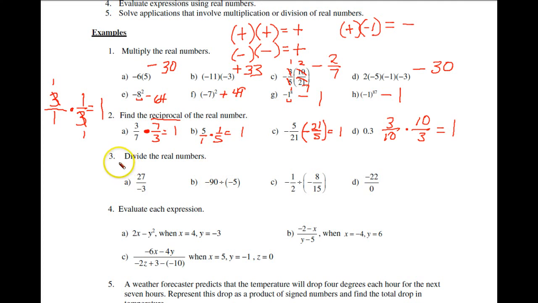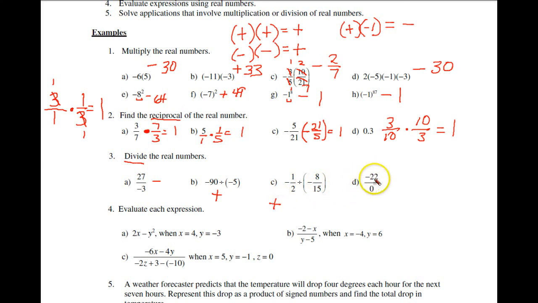Now, in topic 3, when we divide real numbers, the rules of the signs that we have apply. If this is a positive and a negative, the answer will be negative. A negative and a negative, the answer will be positive.